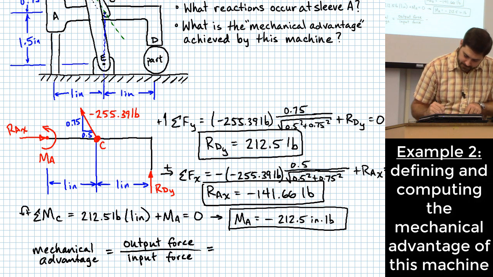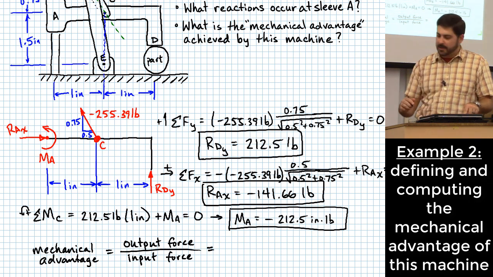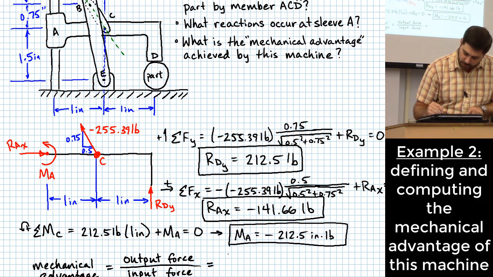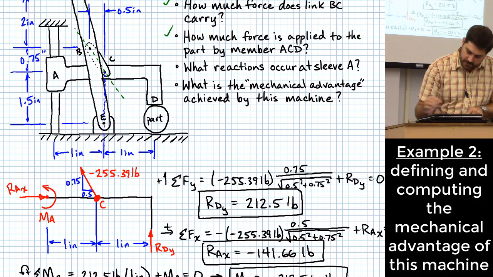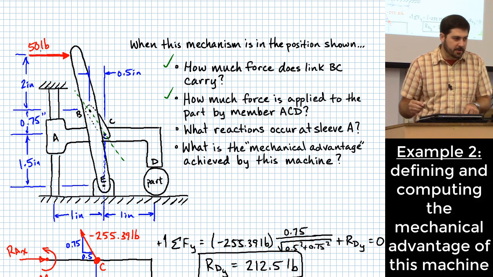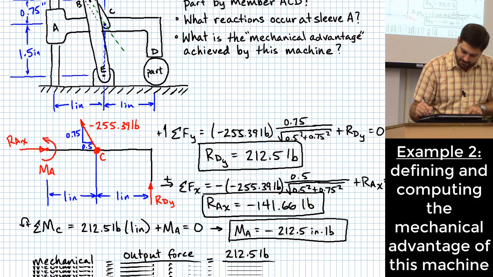Okay? How much output force do we get for this machine? 212.5. And I had to put in, up here on the handle, 50 pounds to get that 212.5 pounds.